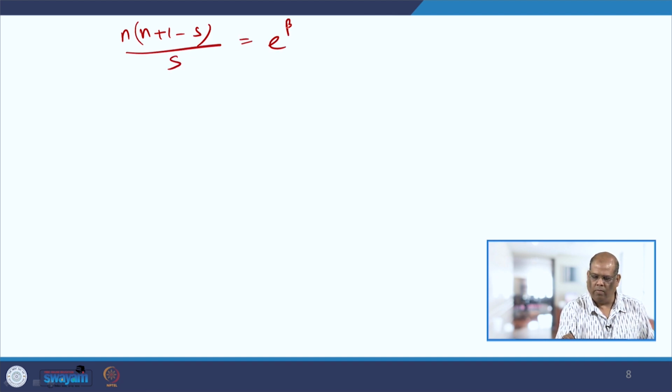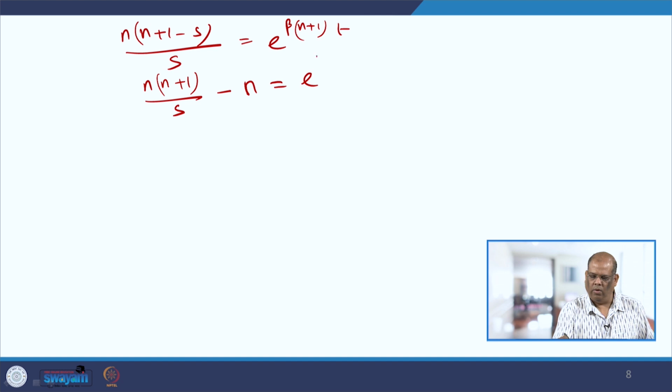So, just rewrite it, (n plus 1 minus S) divided by S equal to e to the power beta (n plus 1) into t. You just divide. So, n into ((n plus 1) divided by S minus 1) equal to e to the power (n plus 1) into beta t.